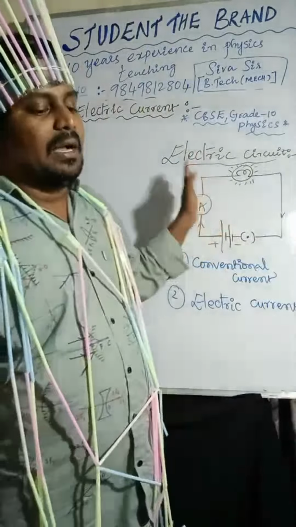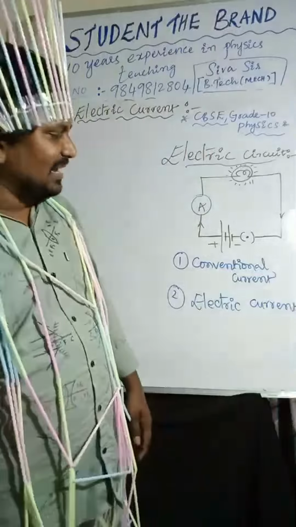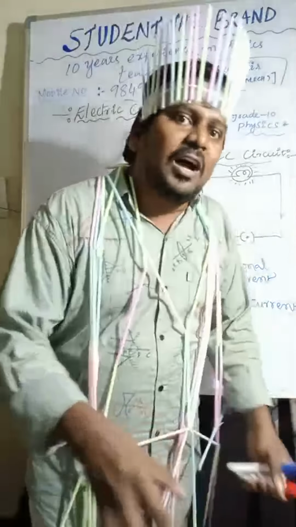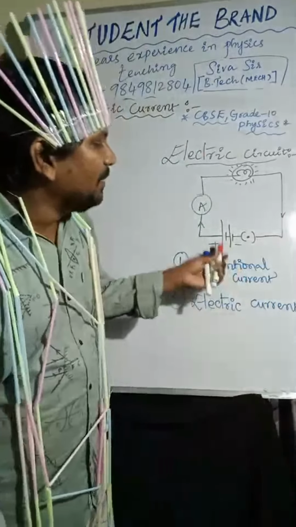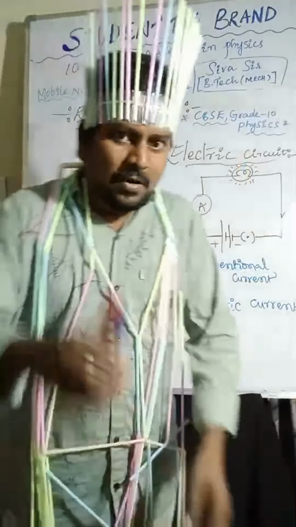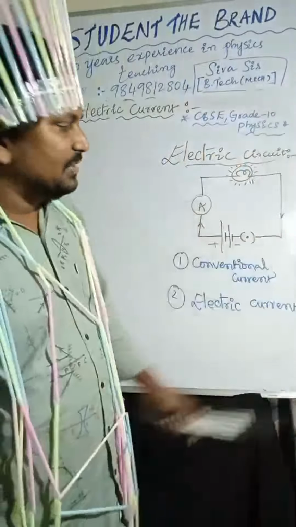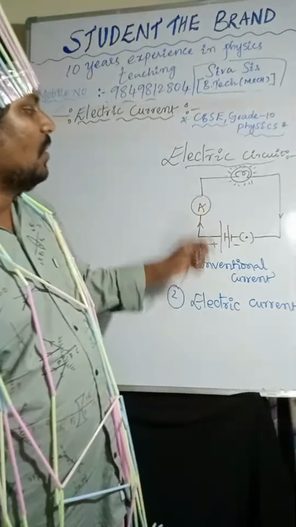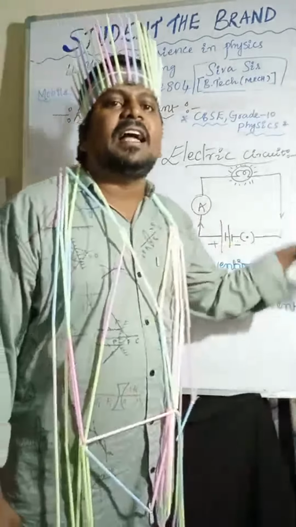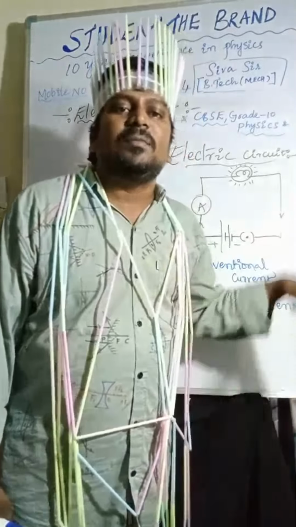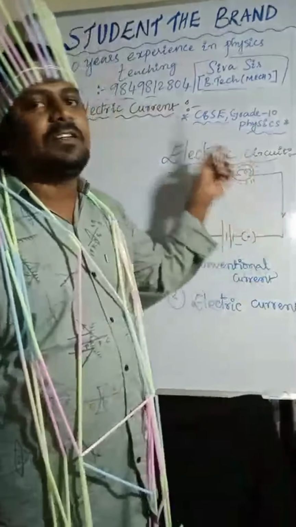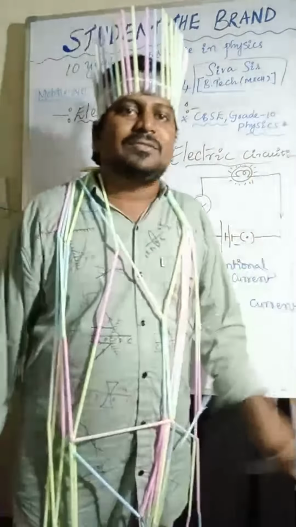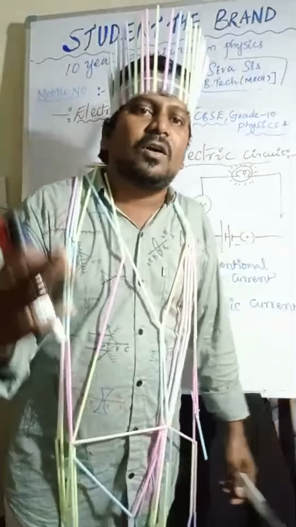Next one is electric current. Conventional current: positive charges will move from high potential to low potential, whereas electric current: electrons will move from low potential to high potential.